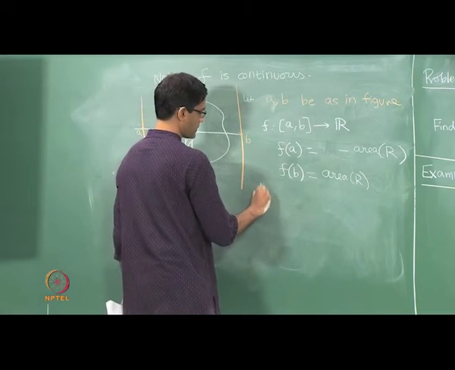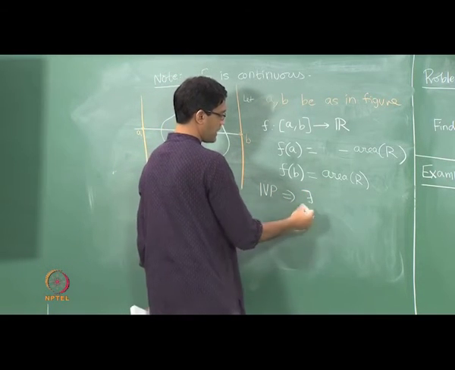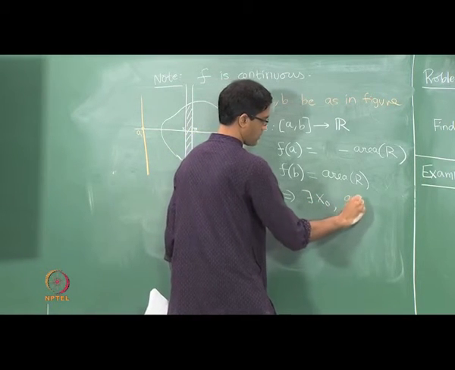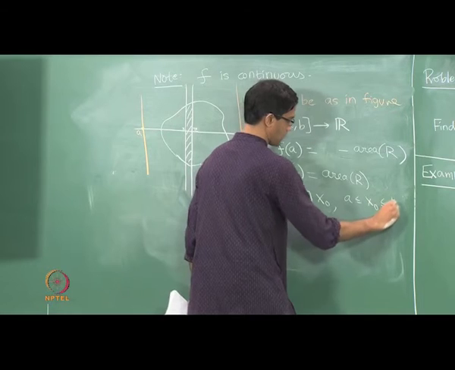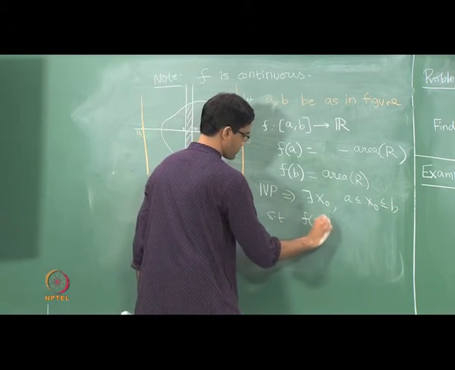So what does this mean? By the intermediate value property, there must be some value between A and B. There exists a value x naught between A and B such that f at x naught is 0.